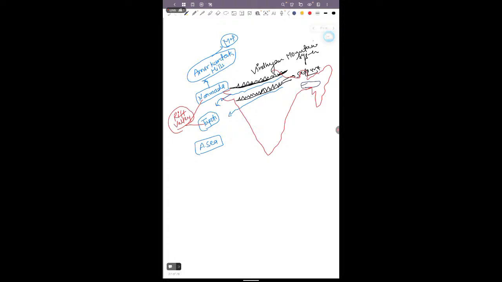This is the Meghalaya Plateau. The Meghalaya Plateau is the northeast extension part of the Peninsular Plateau.